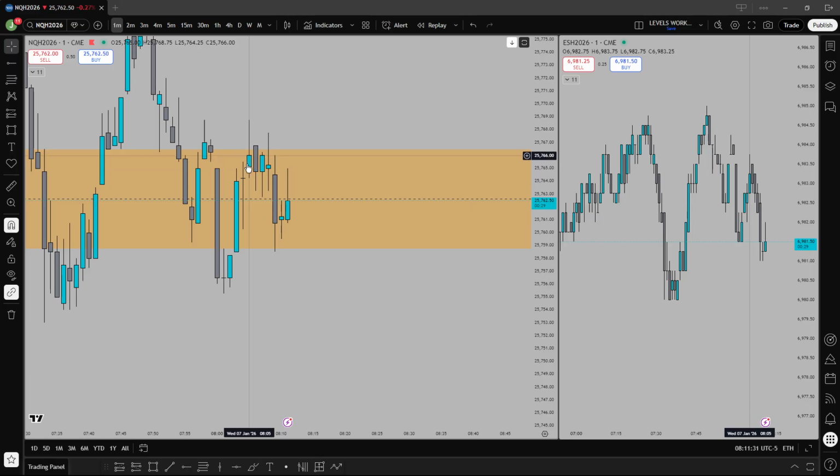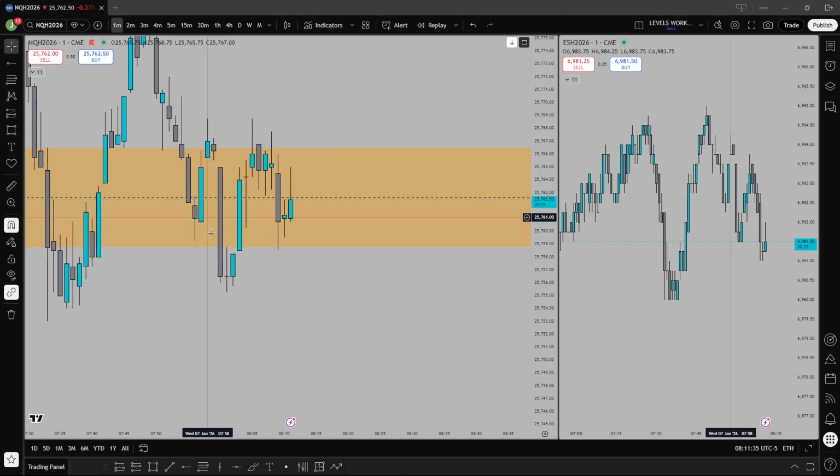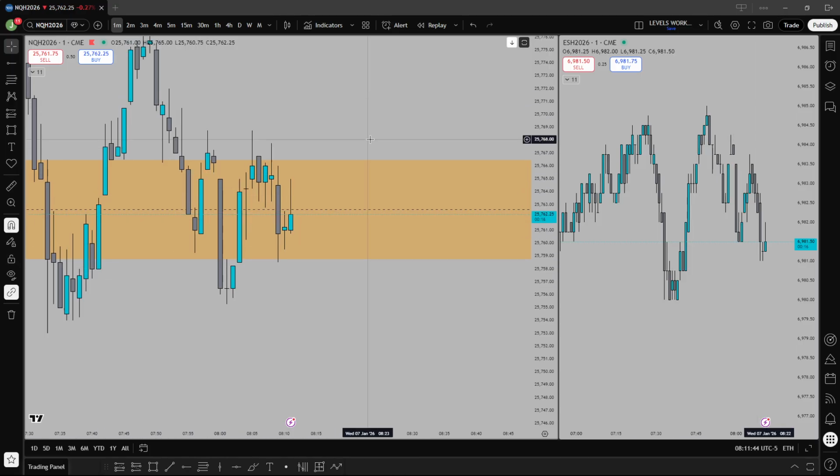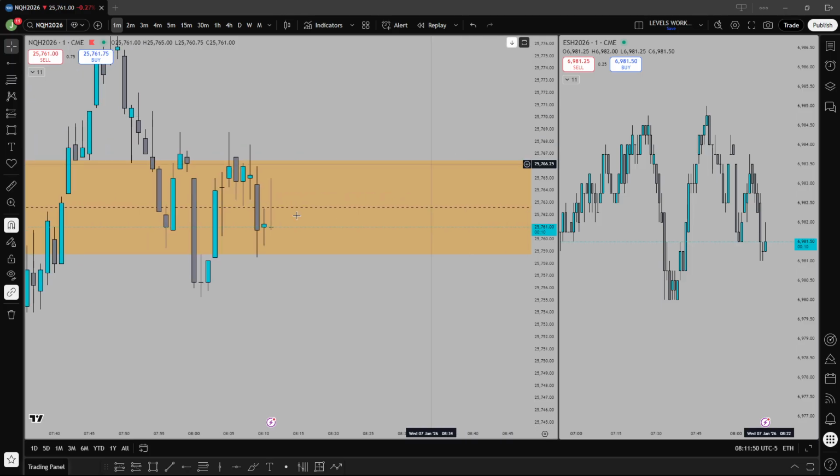Of course, this is not what I wanted to see, but price can do whatever it wants if it's waiting for a time. So 8:15 we do have a news, so maybe all this is just time distortion. So I like the rejection.